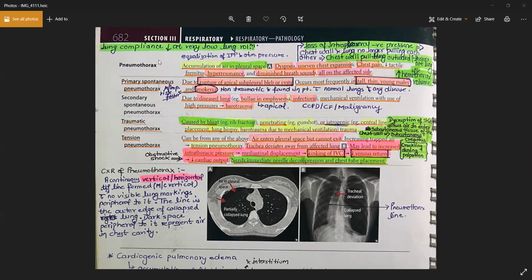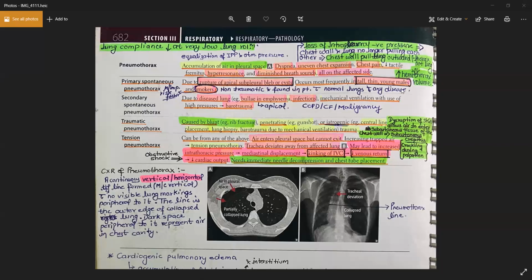Their apex specifically is in a low pressure area as compared to a normal individual. So these patients have a very high chance of developing these blebs or bullae because of a low pressure environment.